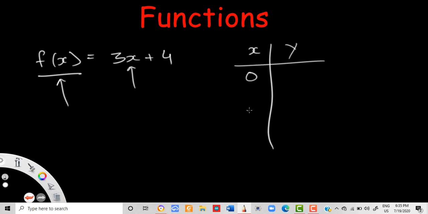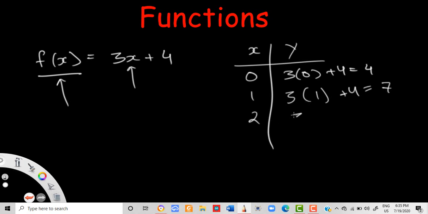So let's say for x equals 0. So 3x plus 4, if you know linear algebra, you can work this out pretty simply. 3 times 0, that is 0, plus 4, y will be 4. Then for 1, y will be 3 times 1 plus 4, that is 3 plus 4, 7.